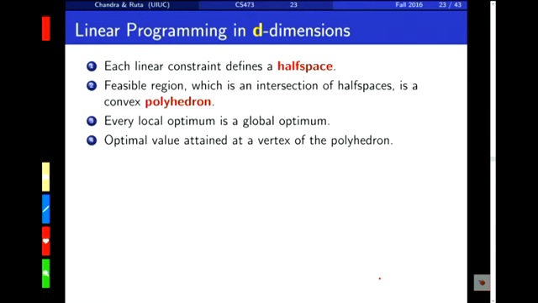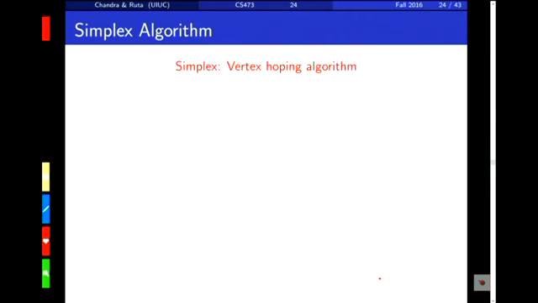We kind of argued why the optimal value is at a vertex, right? Basically, every interior point is a convex combination of extreme points. So any linear function has to have a better value at one of the vertices than at the interior point. And that linear function we took as a single coordinate, but that is true for any linear function.